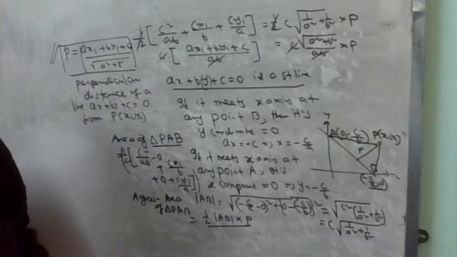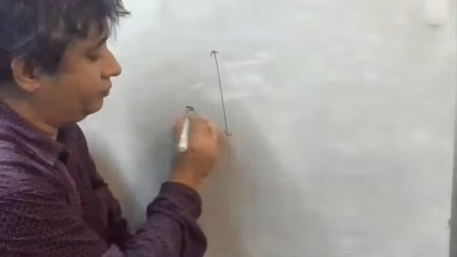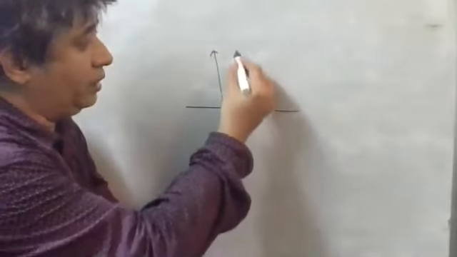So we are going to skip to the next topic, angular bisector. Using the concept of the length of a perpendicular from a point to a line, we can get the equation of the angular bisector. Say two lines are given. These are two lines.